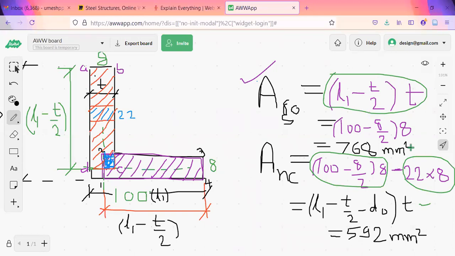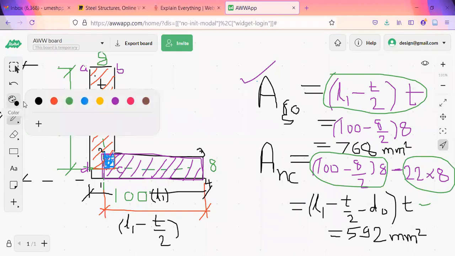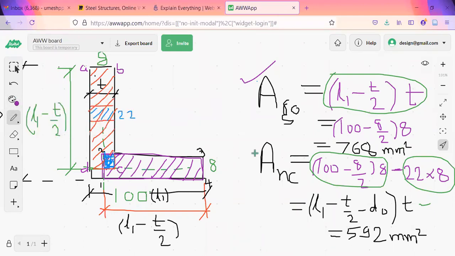This type of explanation is not available in any textbook. Directly you have to understand on your own actually. But see this, any questions, you can ask me here. How is the area of individual legs calculated? In the steel table, they give the total area of the I section together. They don't give the separate area of each leg.